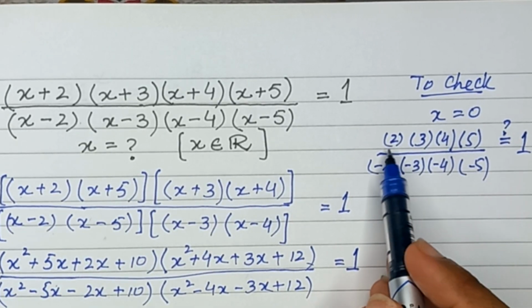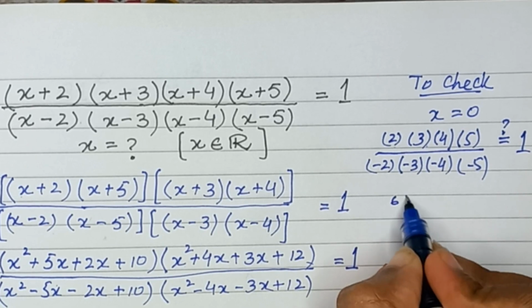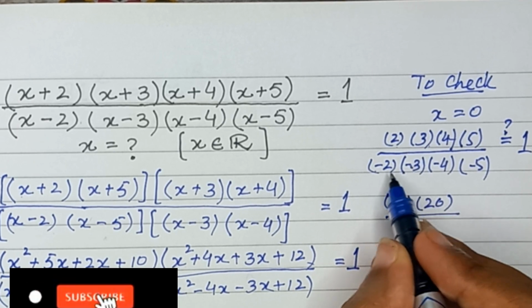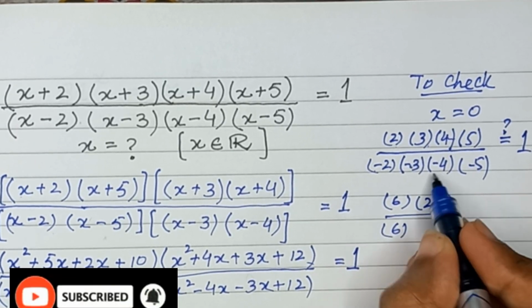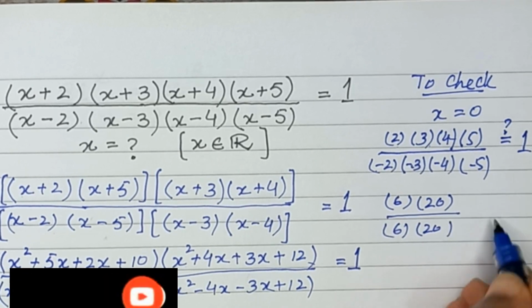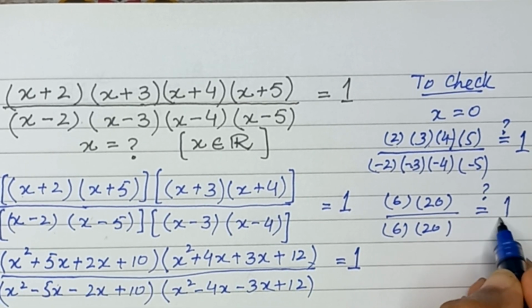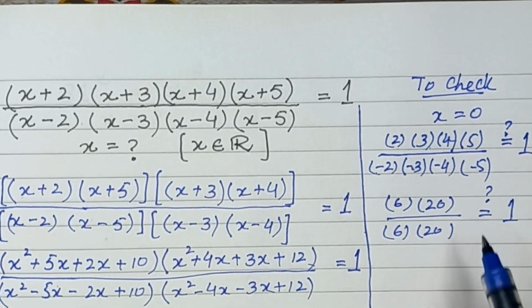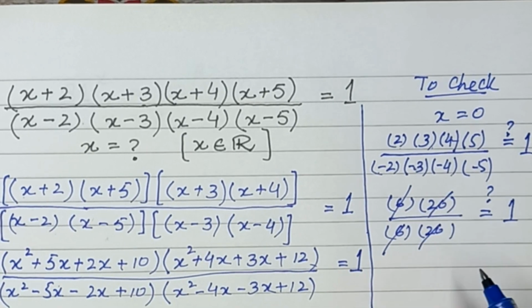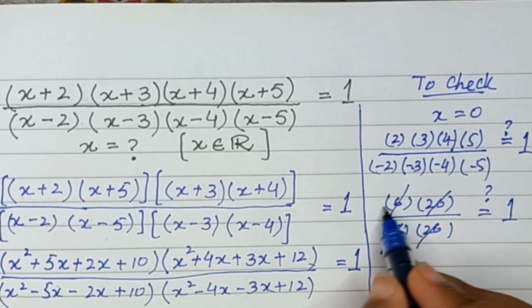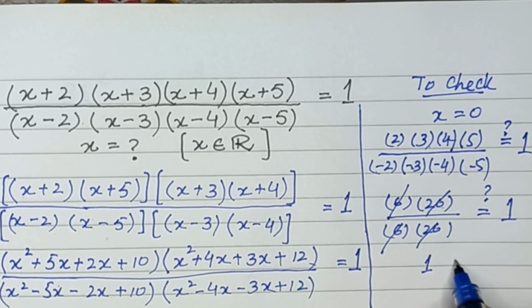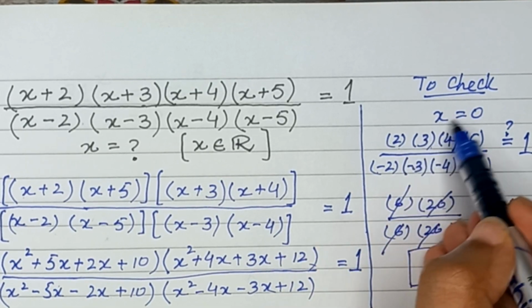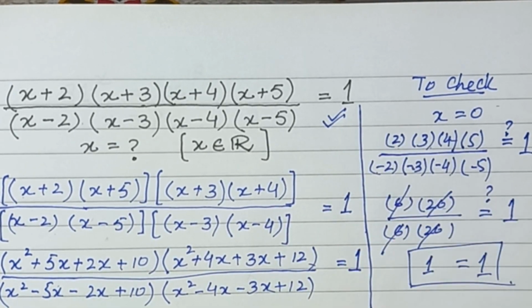So 2 times 3 is 6 and 4 times 5 is 20. Negative into negative becomes positive, so 2 times 3 is 6 and 4 times 5 is 20. From here 6 and 6 cancel out, 20 and 20 cancel out, so it will be 1 is equal to 1. So both sides are equal. It means the value of x satisfies our given equation.